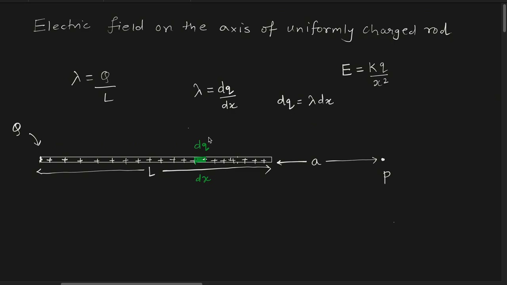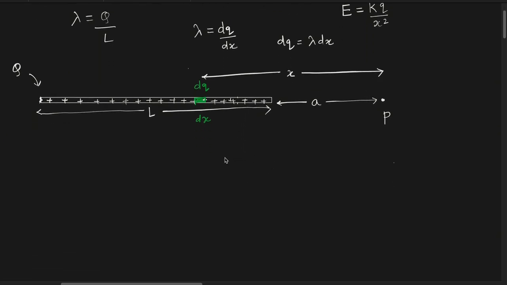Now this dq charge is at a distance x from point P. So the electric field due to this dq charge is a small dE, and this dE is k dq by x square.